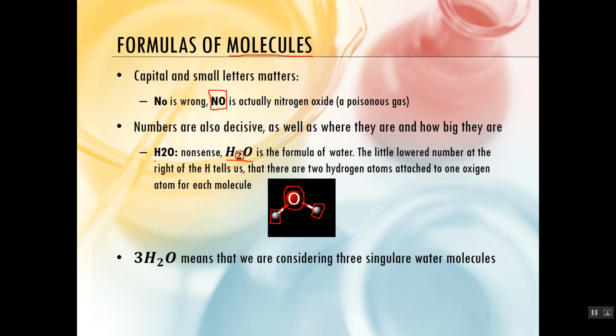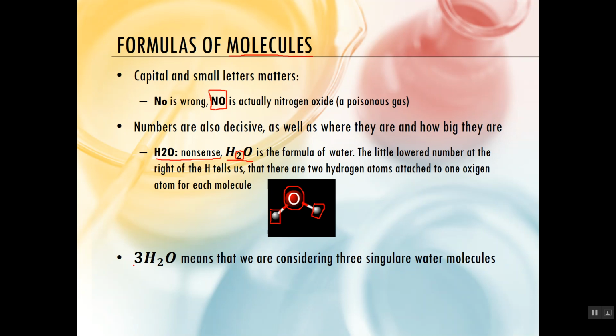If you write it like this, that's nonsense. That's something you will be marked down for at the examinations. So you have to remember how to write formulas. And when it comes to a molecule, you write the numbers of each atom for the particular species always at the right and down.